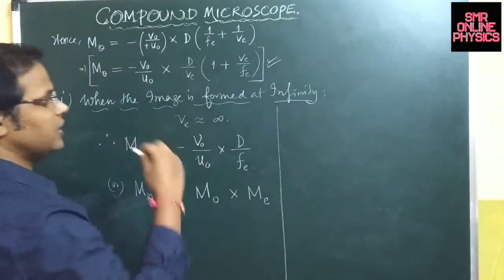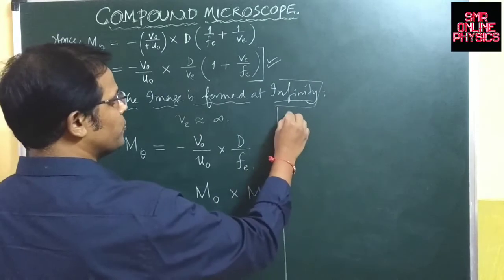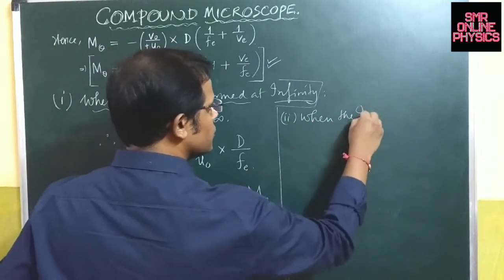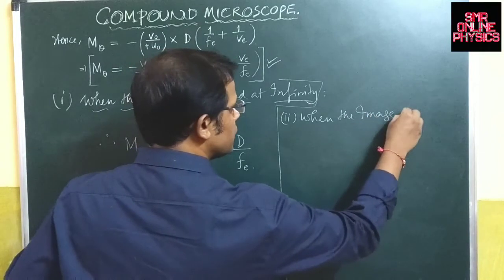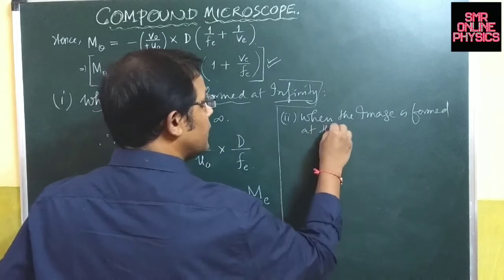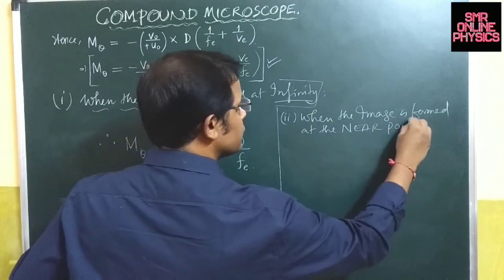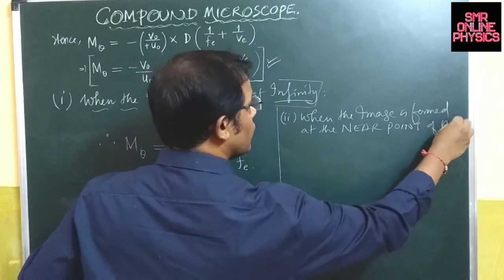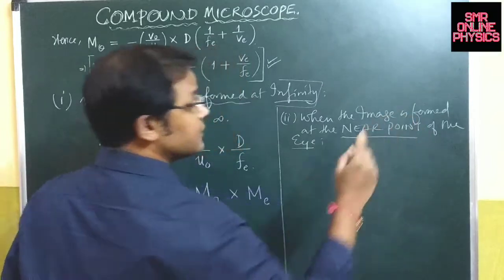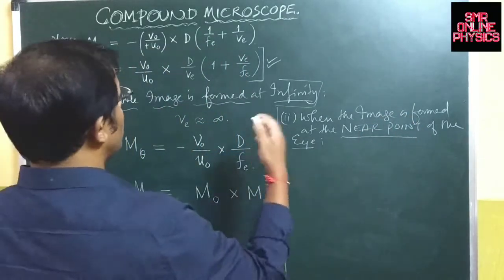Let me put a bar over here and then cross it over. And the case number 2 possible is when the image is formed at the near point of the eye, that is at D equal to 25 centimeters. Then you'll find what will happen?